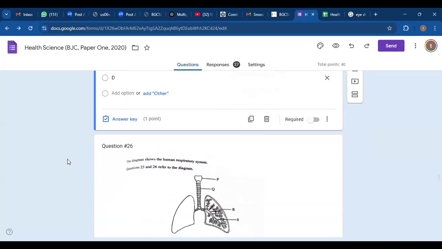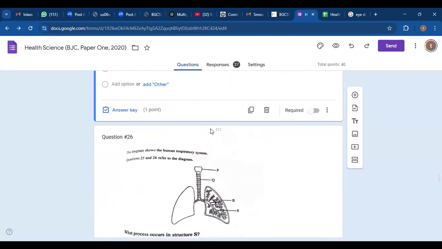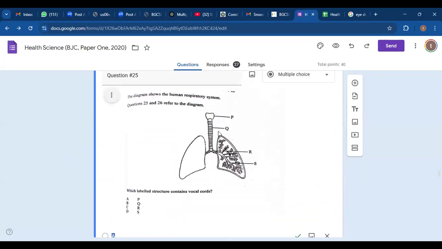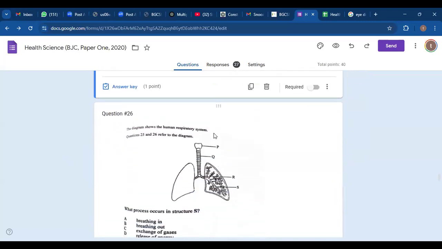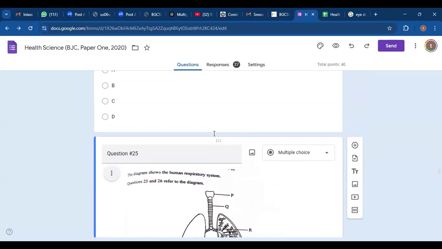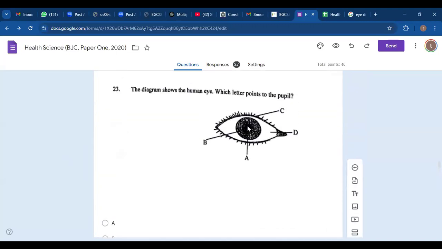Now number 26. What process occurs in S? Mr. Petit, my thing glitched out. Can you repeat number 25, please? Number 25 is A. That's the larynx. Number 23 was A, the pupil.